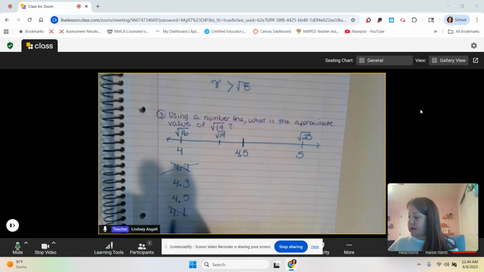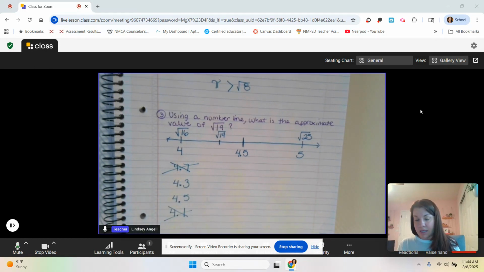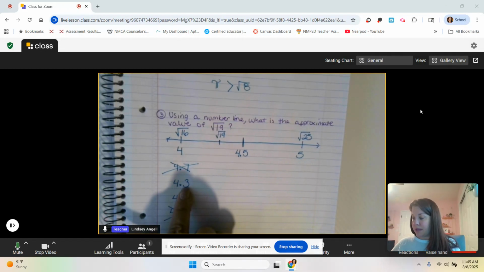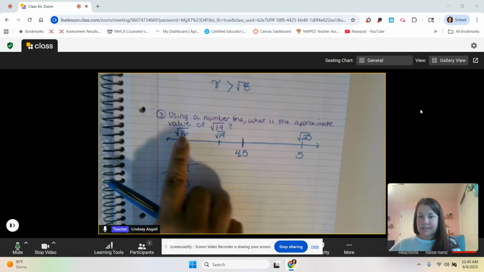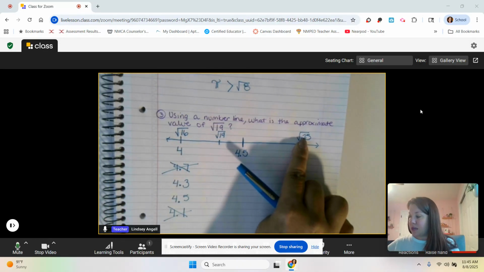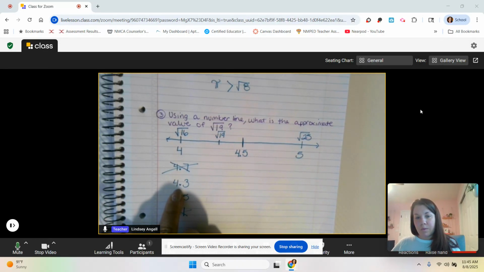But to check our work, and to make sure we have the one that is truly the closest, we should multiply these, right? In order to get from 4 to 16, we got to do 4 times 4 equals 16. 5 times 5 equals 25. So what we should do is see, okay, well, what's 4.3 times 4.3?